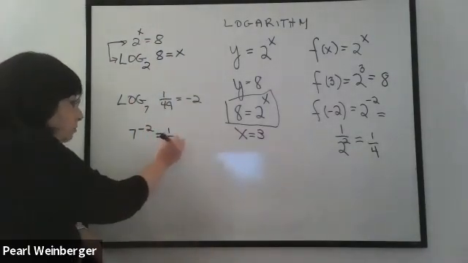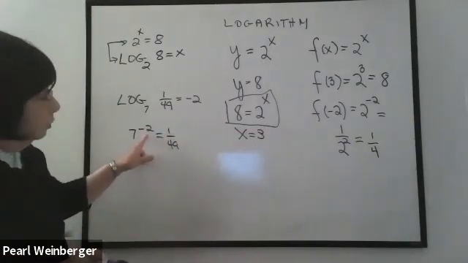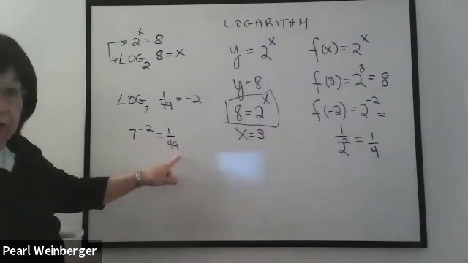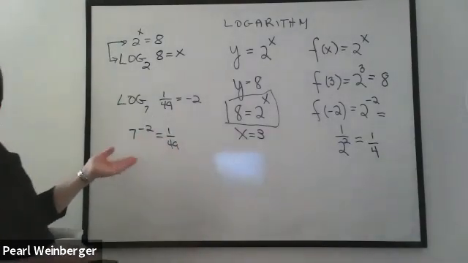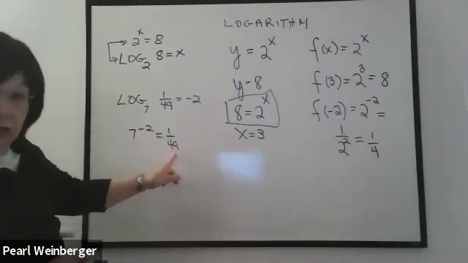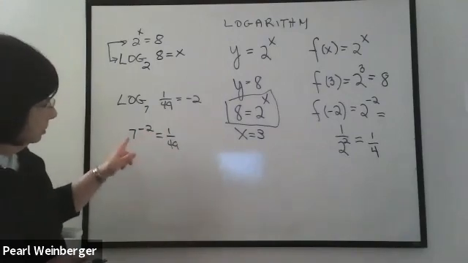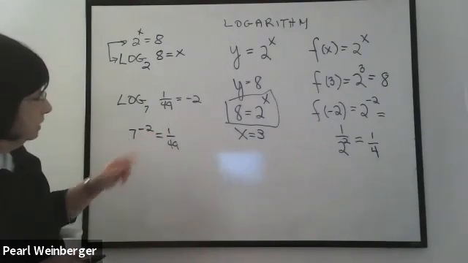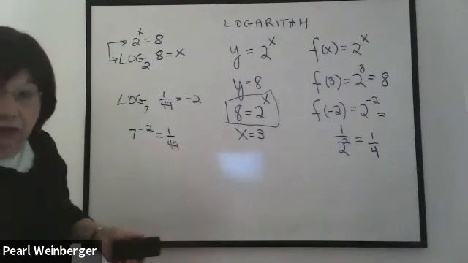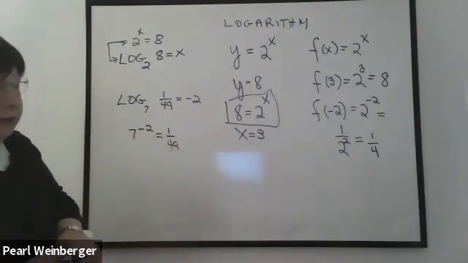So in exponential form, 7 to the -2 is equal to 1 over 49. Of course, we know that's true because the negative exponent means to make it into a fraction, and the 2 exponent tells you to square the 7. So 7 squared is 49, and 7 to the -2 is 1 over 49.